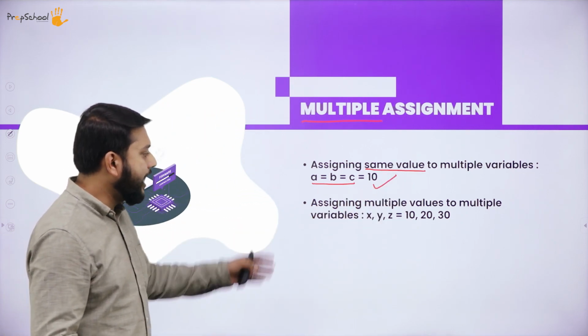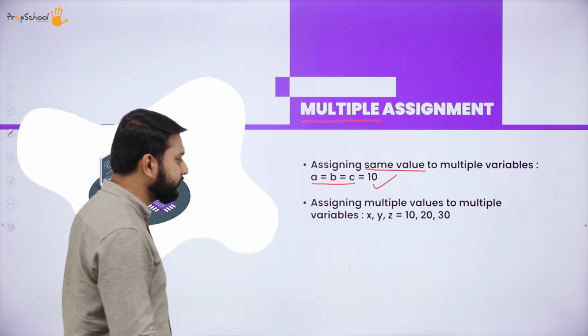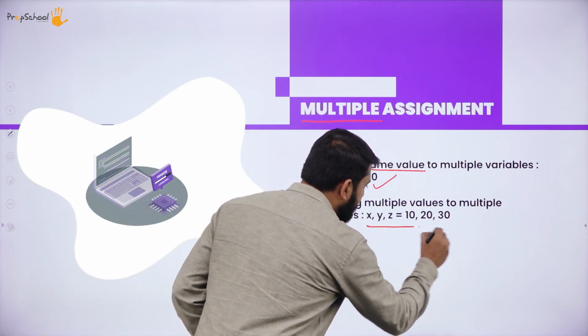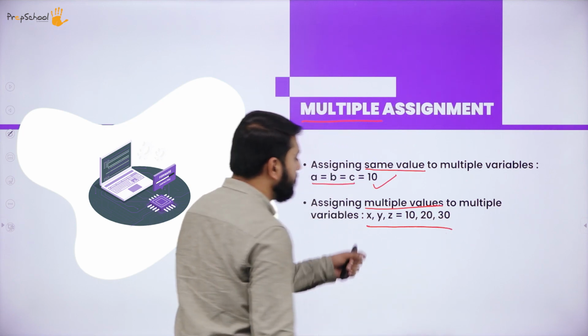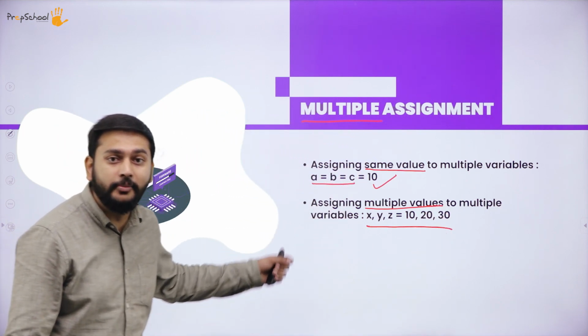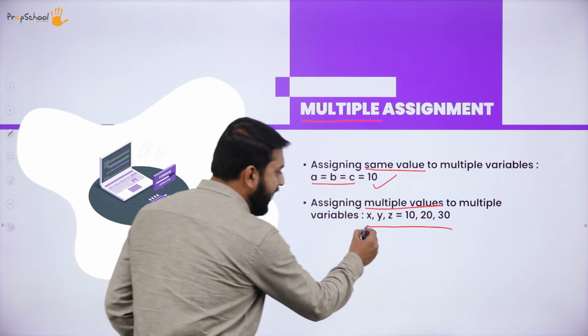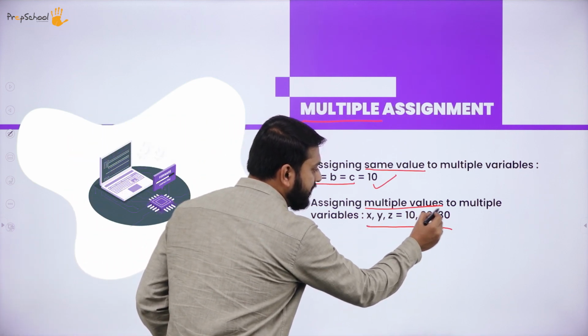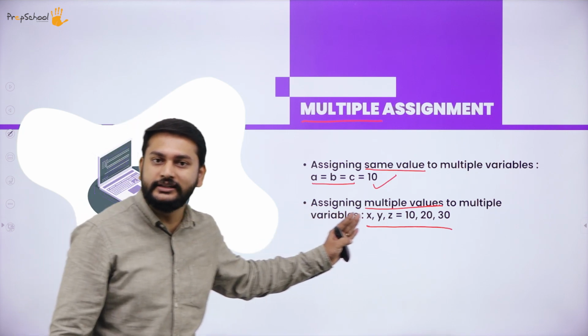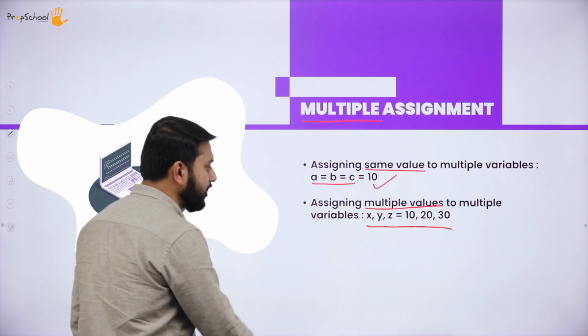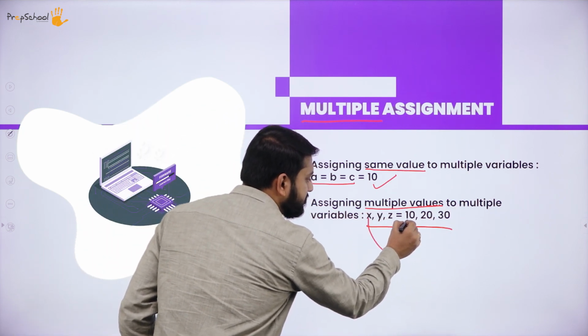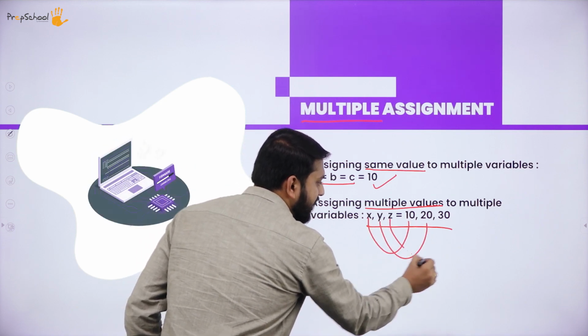And I have one more statement. Please observe, this is very interesting. I have multiple values to multiple variables. I have x, y, z, and 10, 20, 30. The values will be assigned in the same order. So x will have 10, y will have 20, z will have 30.